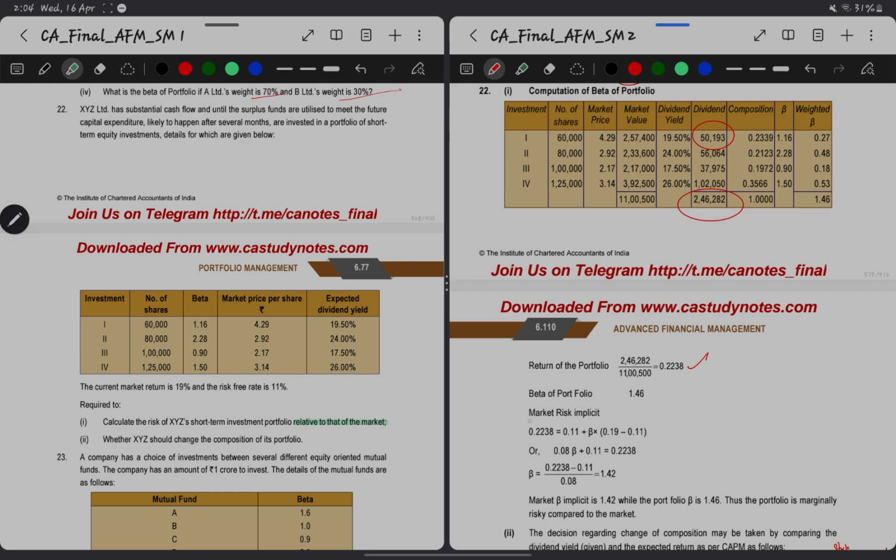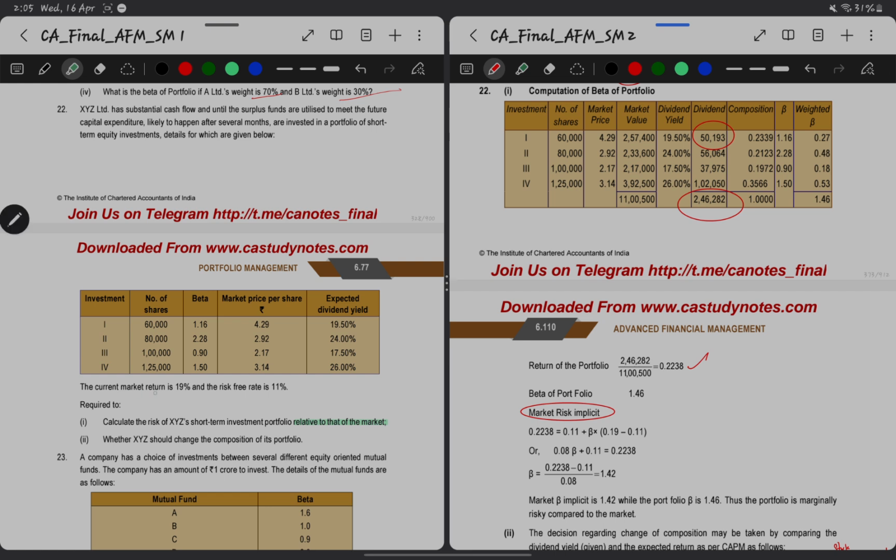So we need to calculate this implicit market risk. That is nothing but, whatever expected return we have got, the expected return of the portfolio for the current market's risk. So that we have to calculate.